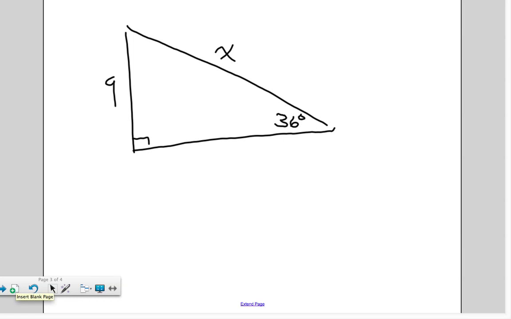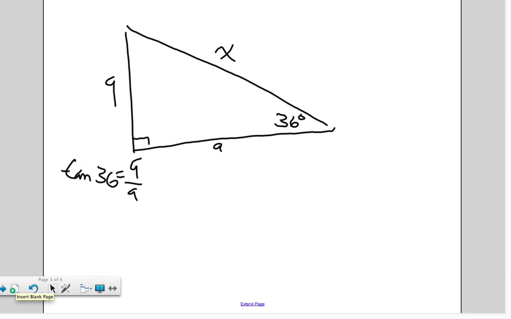You isolate for A: tan of 36 degrees equals opposite 9 over A. So I'm going to create another variable here, A, and solve for A. Nothing wrong with that.